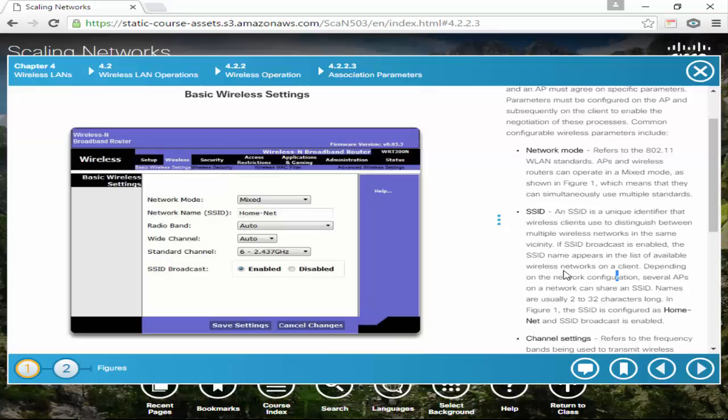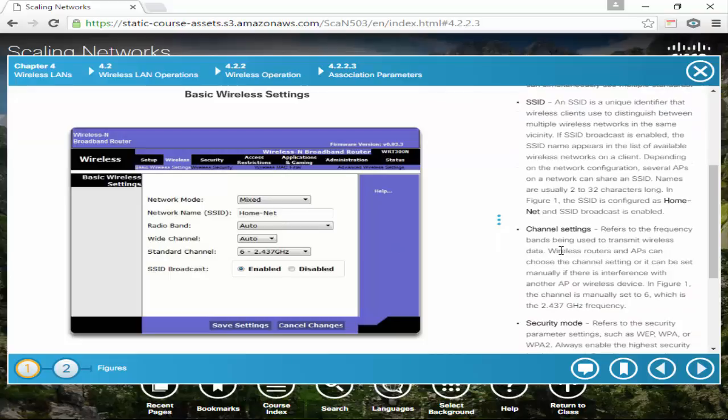Radio band. That's going to be our 2.4 or 5 gigahertz. This auto is going to be the thing I hate. The channel width, I believe that should be on your 5 gigahertz setting.